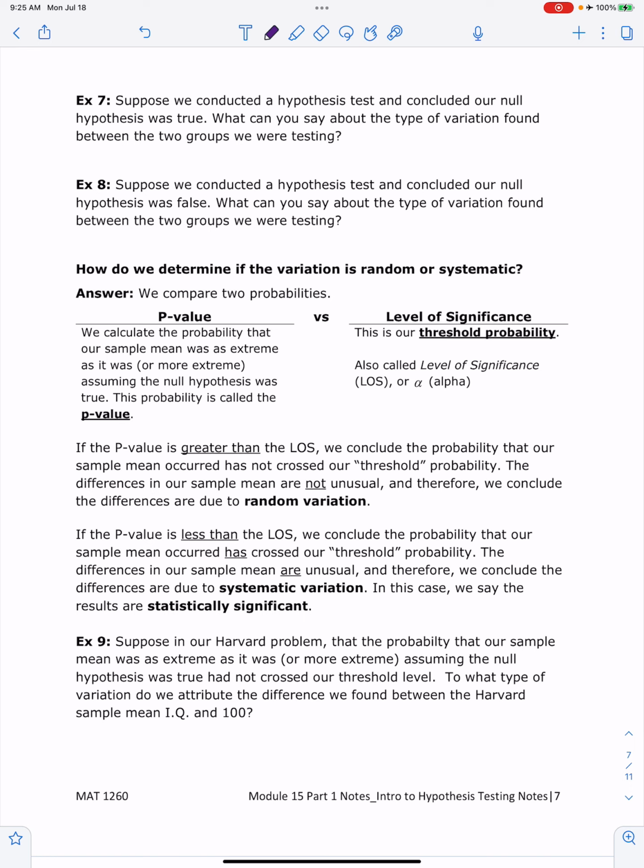Example 7, suppose we conduct a hypothesis test and conclude our null hypothesis was true. What can you say about the type of variation found between the two groups we were testing? We are going to say that the differences are due to a random variation.